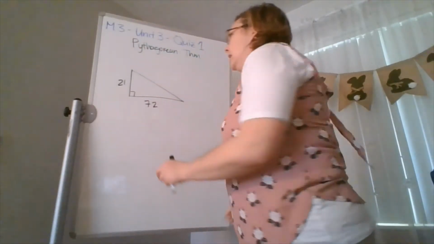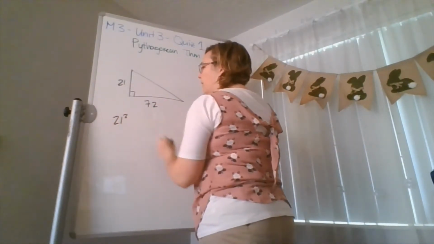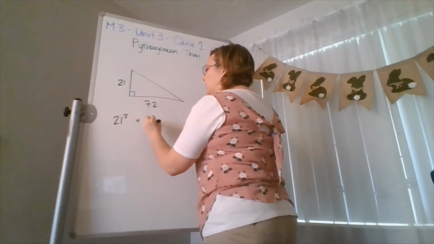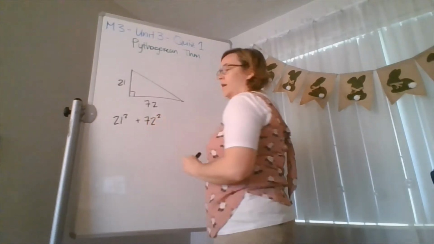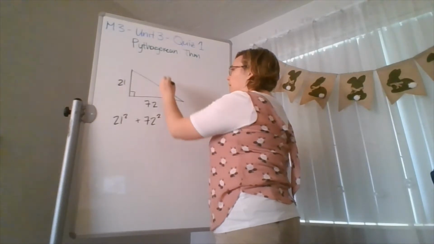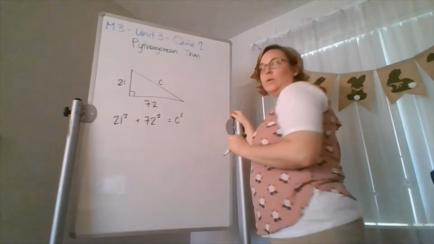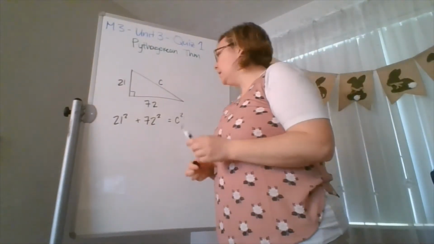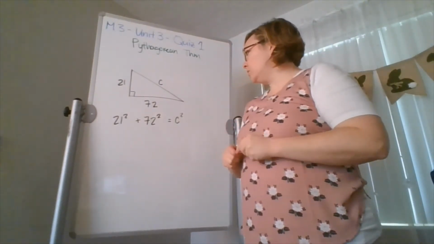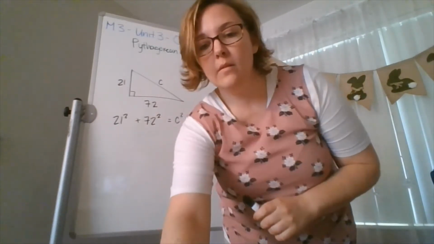So we are going to take 21, square it, and add it to 72 squared. This will equal our hypotenuse squared, so we can call that C squared. And so we need to resolve that. We need to know what 21 squared plus 72 squared equals in order to find C squared.